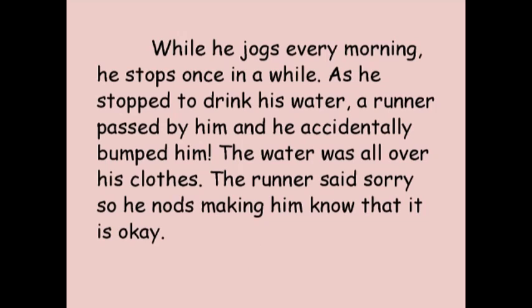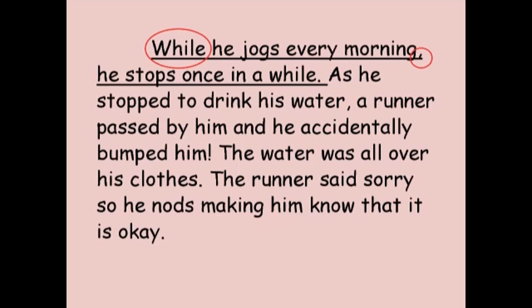Okay, time's up. The first sentence, which is, while he jogs every morning, he stops once in a while, is a complex sentence. I started the sentence with a subordinating conjunction while, then I put a comma to separate the independent clause from our dependent clause while he jogs every morning.